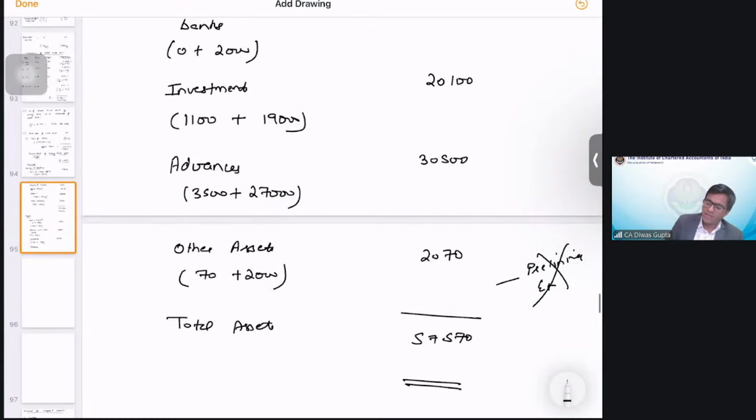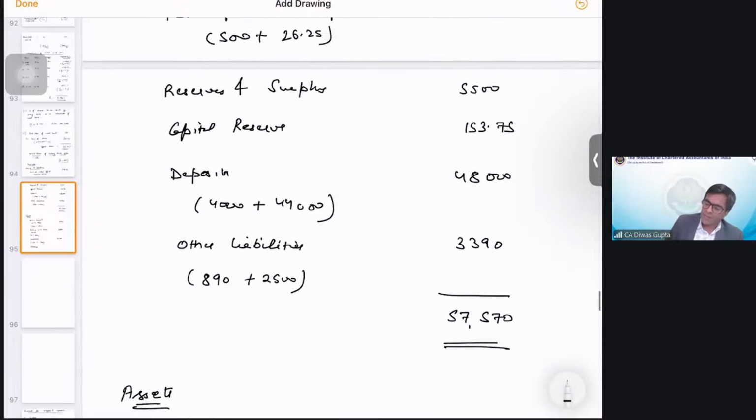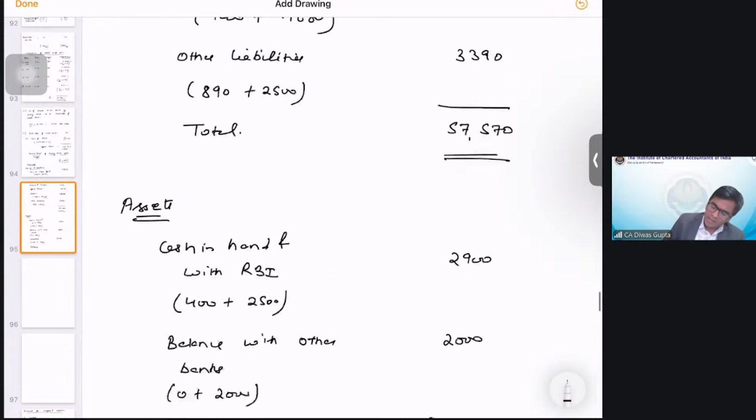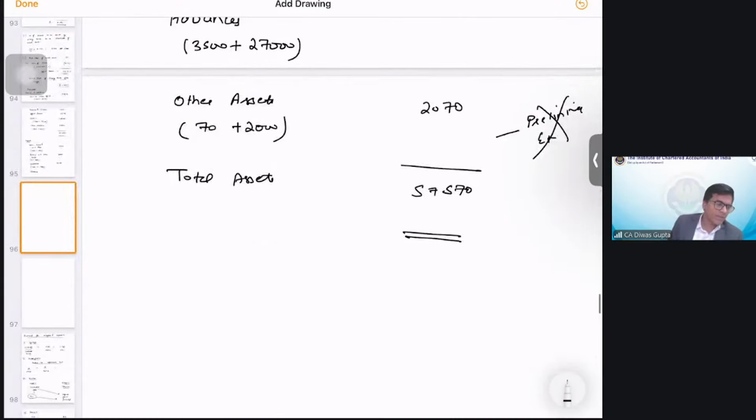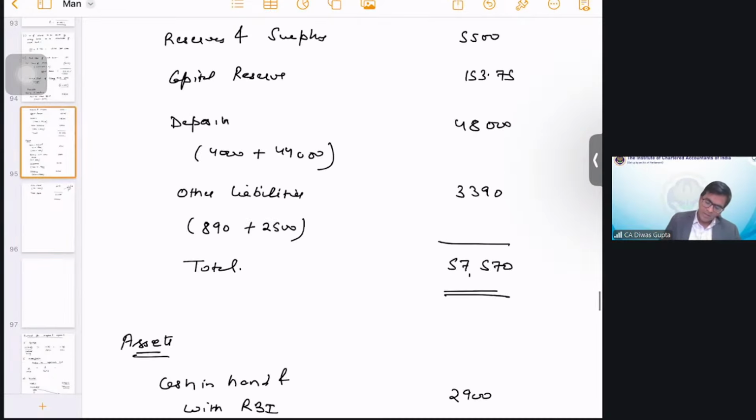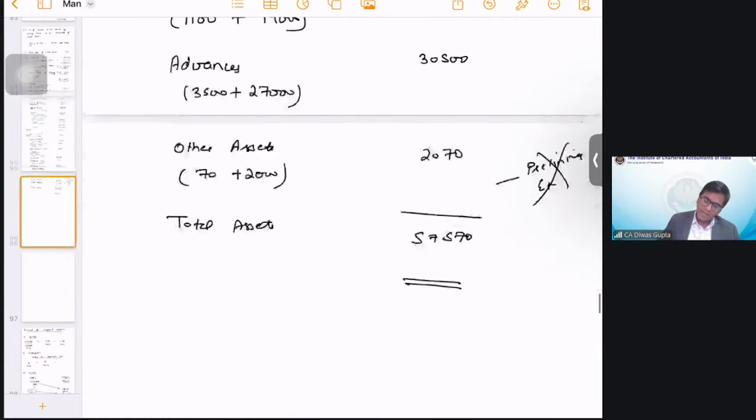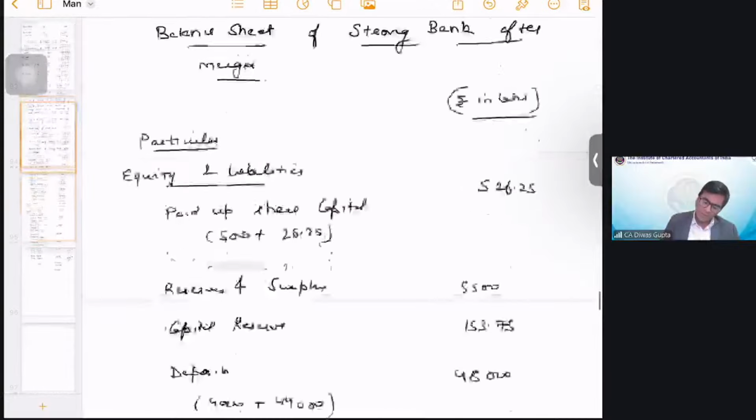So this 57,570 is the total, and here also it is the total assets. So the balance sheet is crafted. We have the balance sheet with us now for all the assets and liabilities.